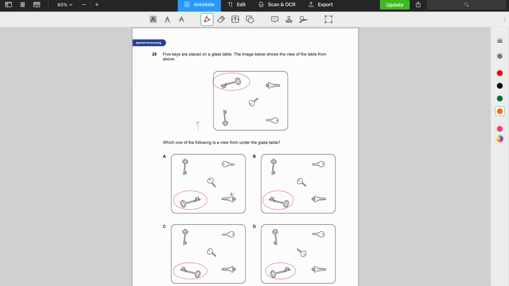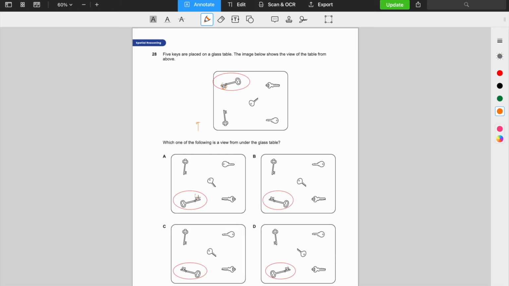Okay, this question is a bit overwhelming, but there's easy ways you can quickly work out the answer. First of all, just eliminate based on focusing on specific features. The first feature I notice is this particular part, I don't know what they're called, notches, or the head. No, that's the head. Let's just call this the notches of the key. It's facing away from the main edge of the table.